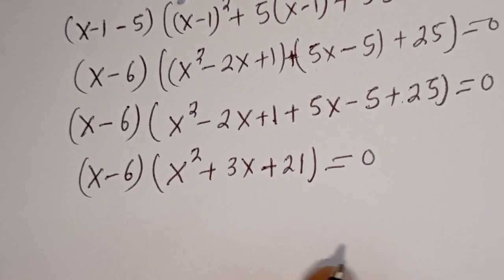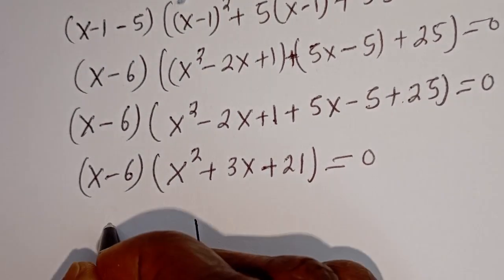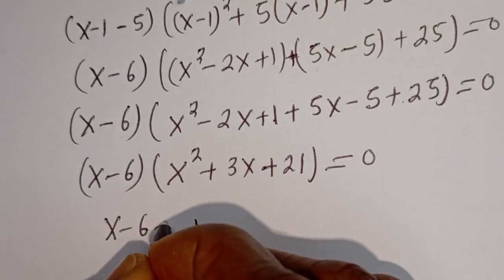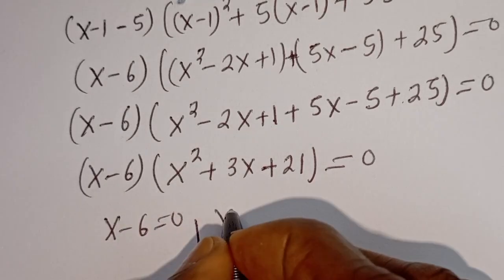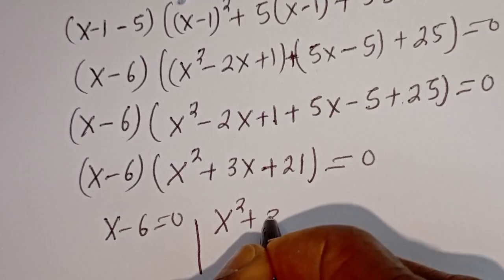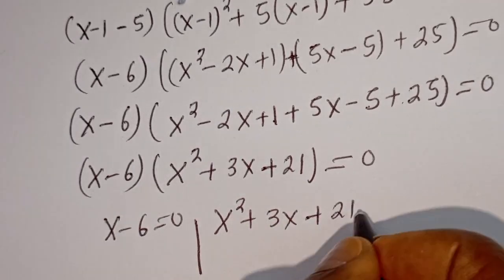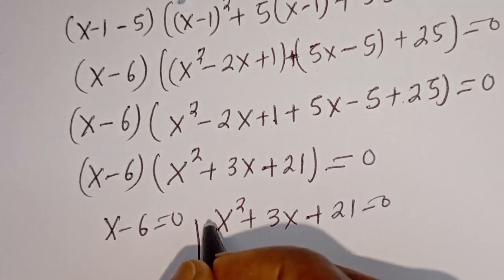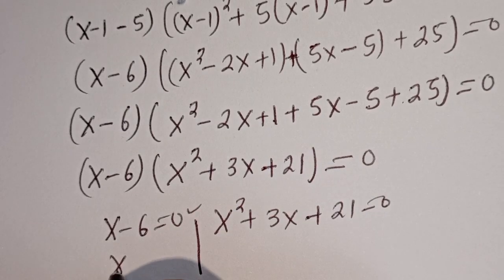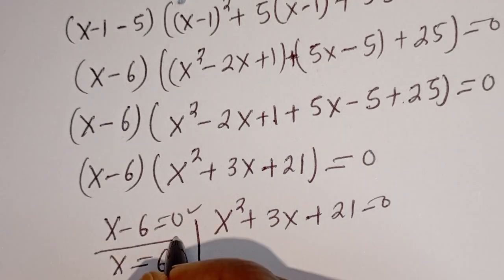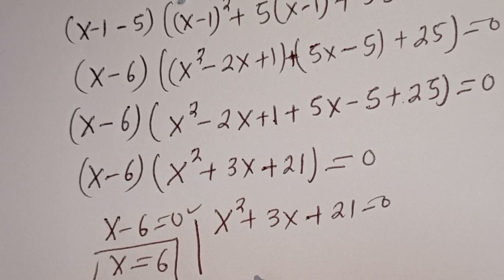There are two cases here. The first case is x minus 6 equal to 0, and the second case is x square plus 3x plus 21 is equal to 0. And from the first case here, x is equal to 6. This is another value of x.